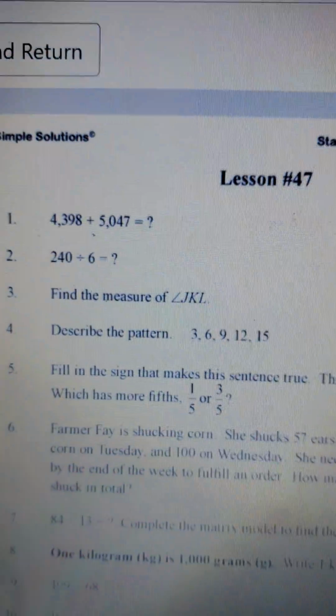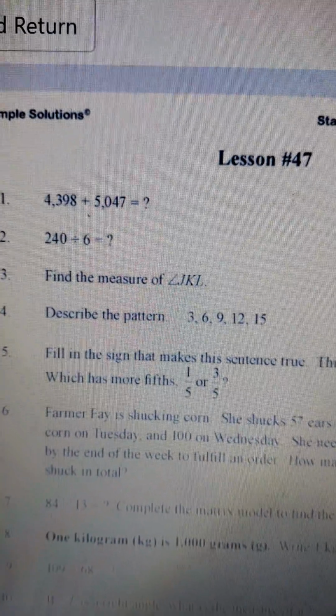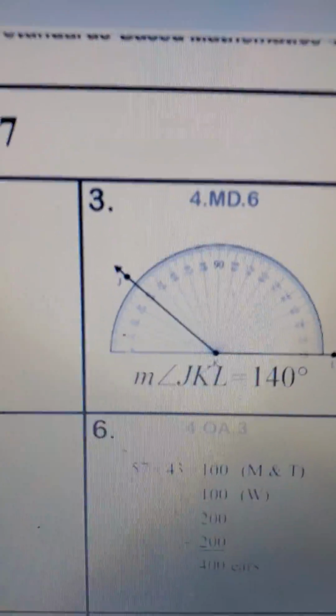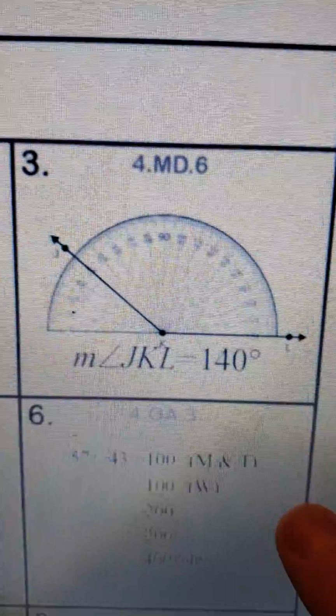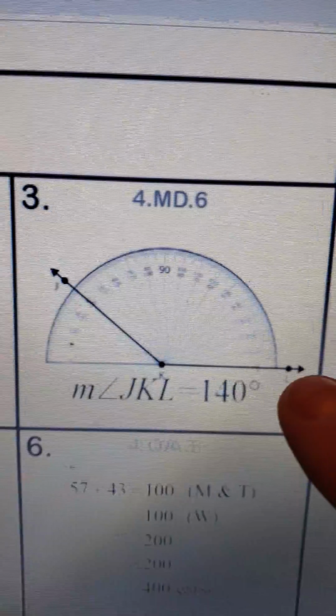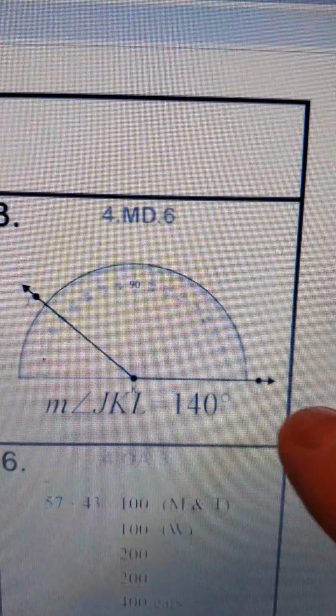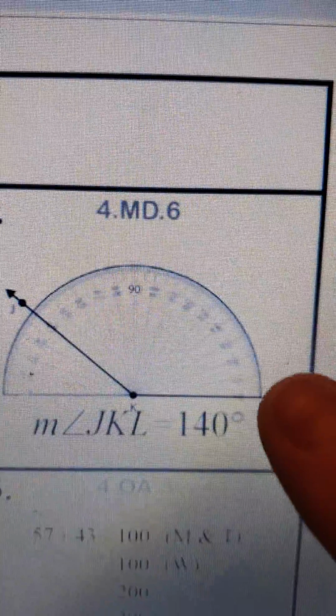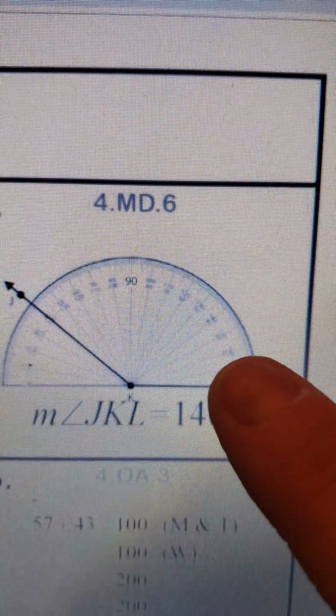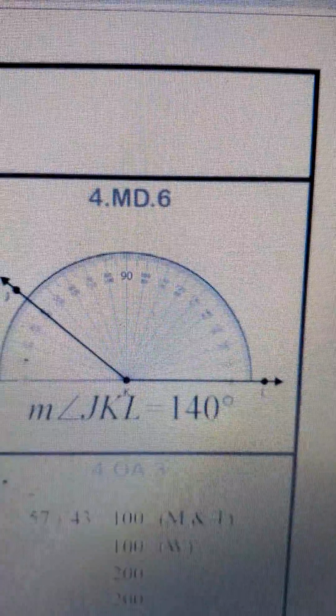Number 3, we're going to do up here on the screen. It says, find the measure of angle JKL. Okay, so we're going to come over here. All right. We are going to start at our bold line down here at 0 degrees, and we're going to count each one of those little marks, and they're going to be 10 apiece.